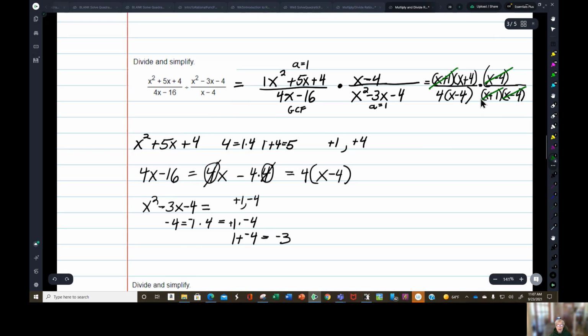And this second fraction is going to be wiped out. So my final answer is going to be x plus 4 on top over 4 times x minus 4.